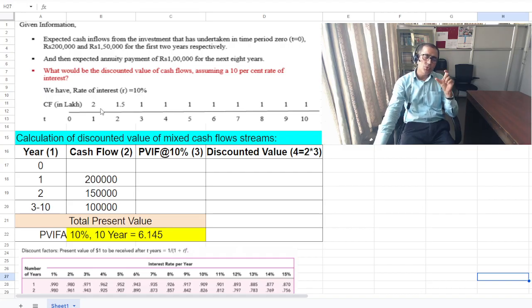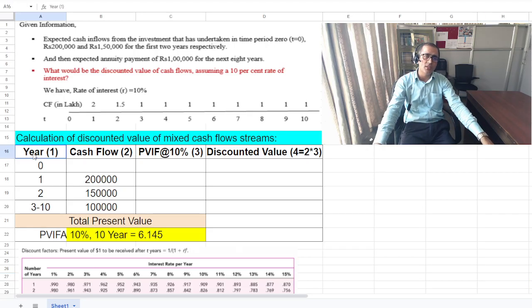At first you need to organize your given information and try to draw the cash flow timeline, like your cash flow is here, and this is the time. What I do here is simply: 2 lakh, then 1.5 lakh, then after this 1 lakh. This is given in lakh. Now to solve this question, first organize your given information in a table.